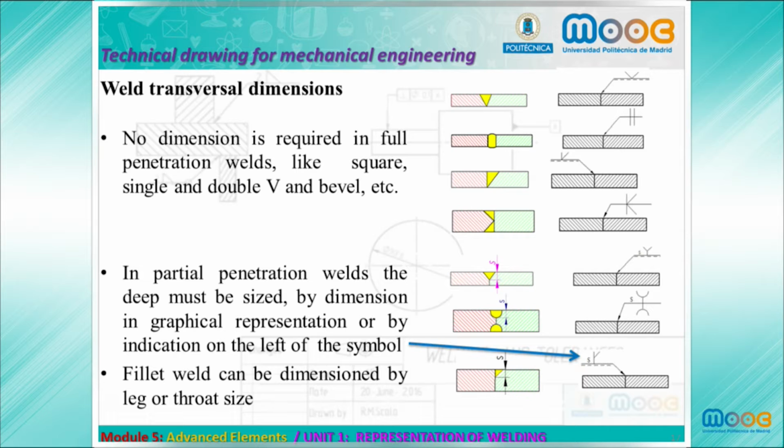In partial penetration welds, the depth must be sized by dimension in the graphical representation or by indication on the left of the symbol of the weld. We have to remember that the fillet weld can be dimensioned by leg or throat size.